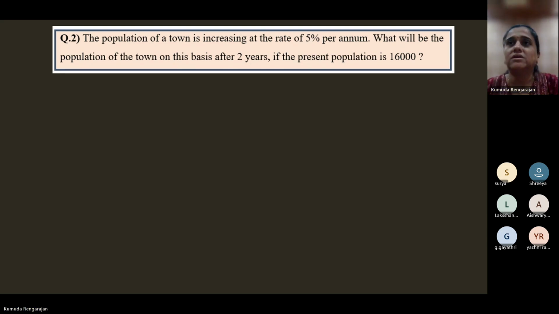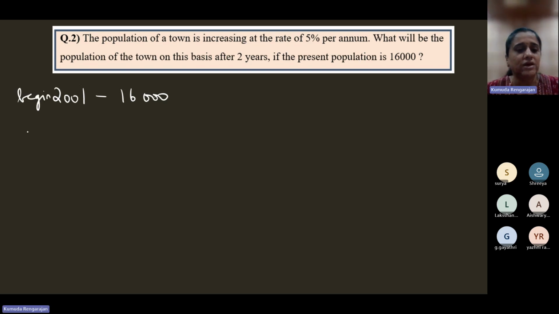compound interest. Supposing something is the population at the beginning of the year and it increases by 5%. Let me just take an example. If the population at the beginning of 2001 is 16,000 and at the end of 2001 the population increases by, say, 10%, it will be 16,000 plus 1,600.